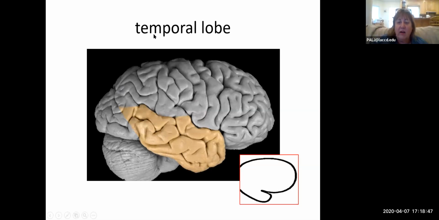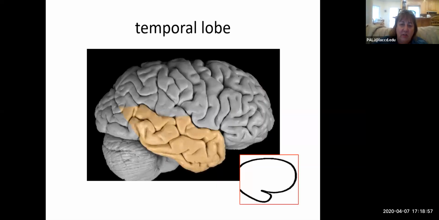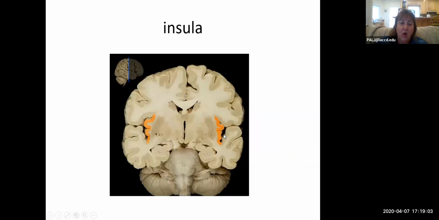Going inferior to the parietal lobe and represented by the thumb would be the temporal lobe. If we were to dive in deep right here where we have that lateral fissure, what we would see is there actually are hills and valleys.